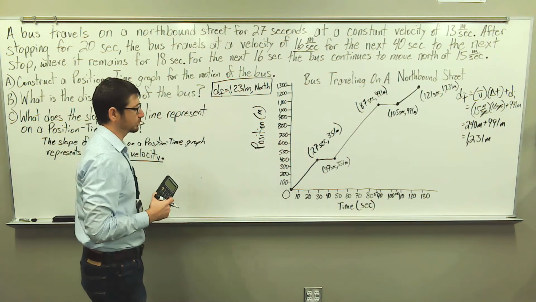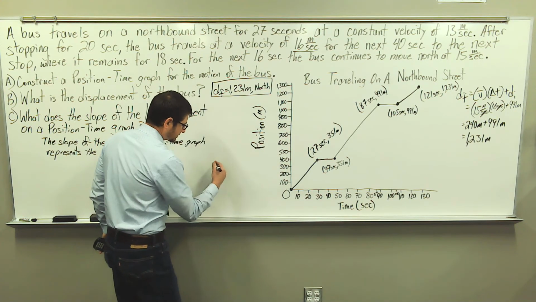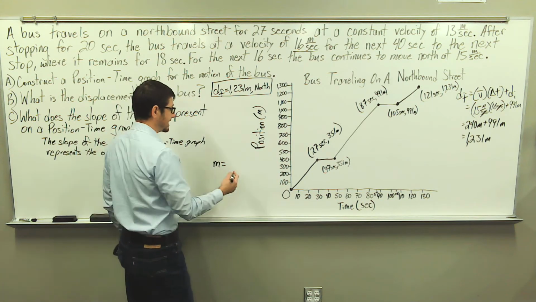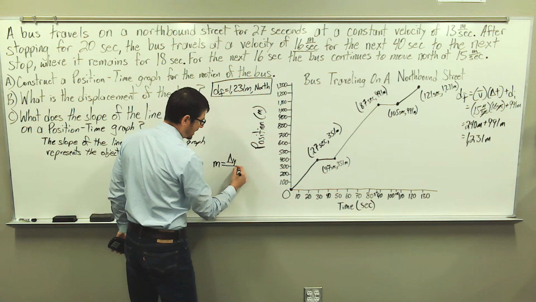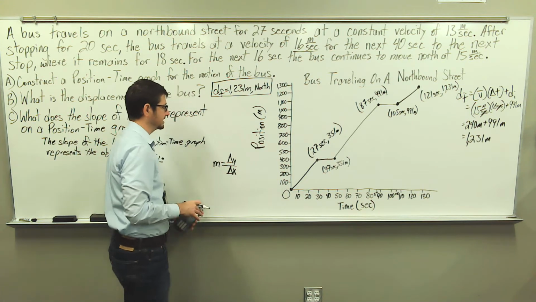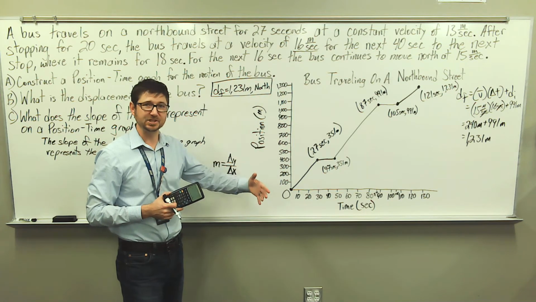So we can prove that right here. So we know the slope of the line identified by lowercase m can be calculated delta y divided by delta x. So remember this capital Greek letter delta here means the change in.